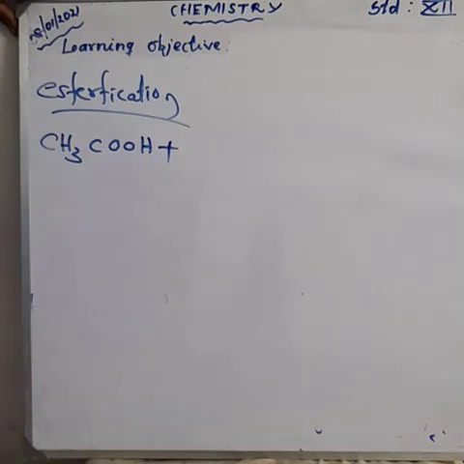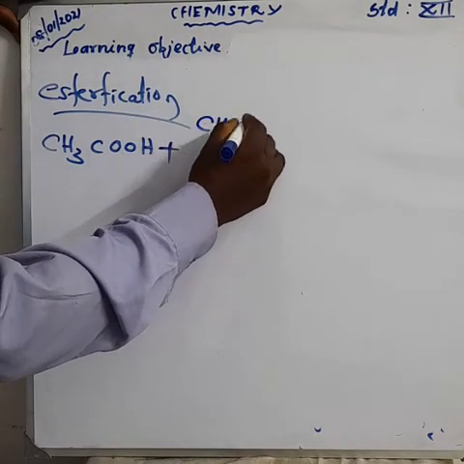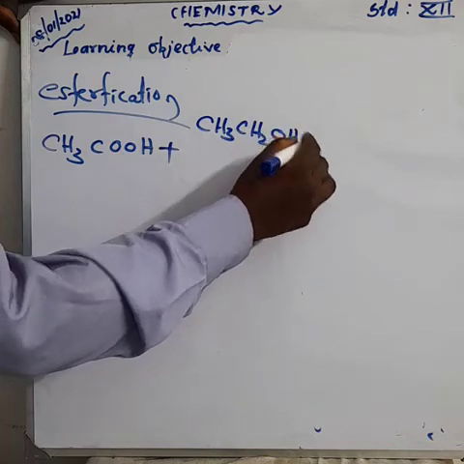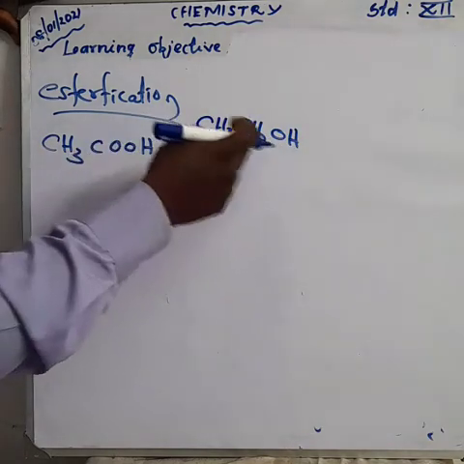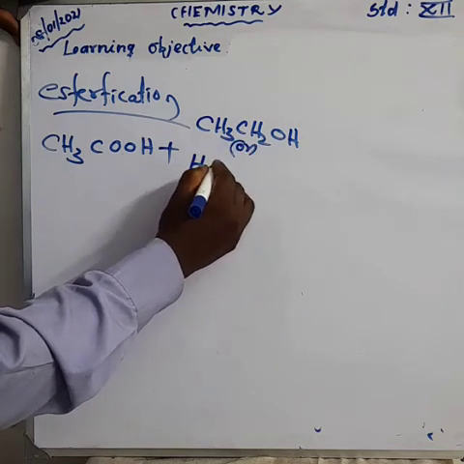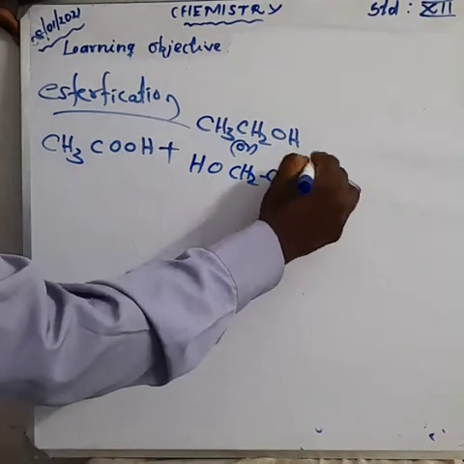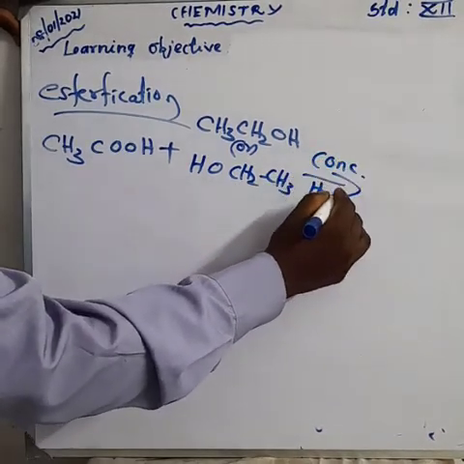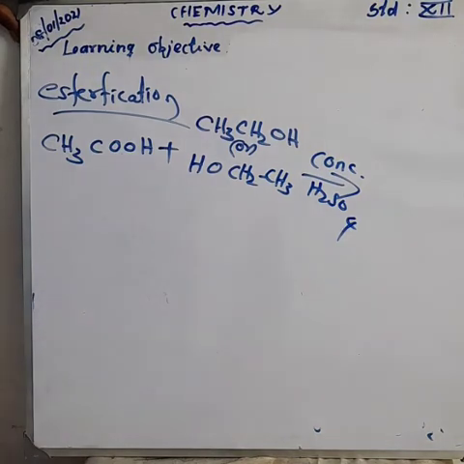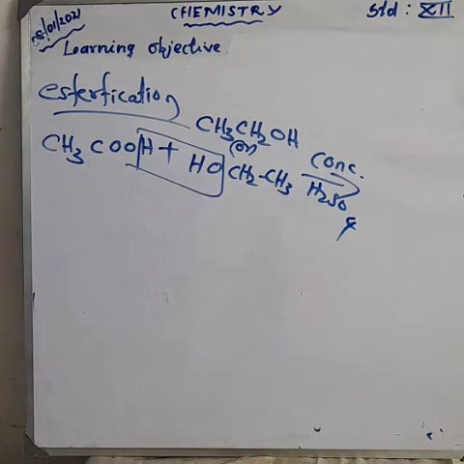This acetic acid reacts with ethyl alcohol, formula CH3CH2OH, written here as HO CH2CH3, in the presence of concentrated sulfuric acid. One hydrogen combines with OH to form a water molecule.